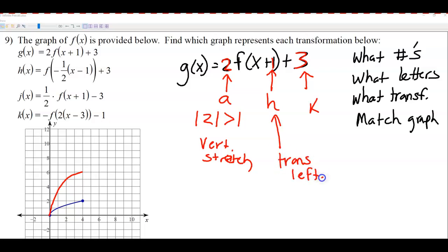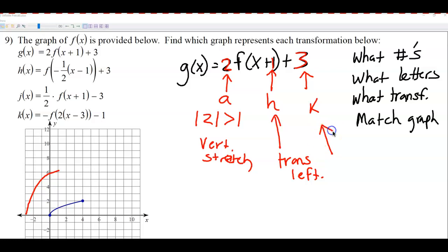I'm just going to put trans left there. And so if I take this graph here, I wonder if I can select it. It's going to get moved to the left if it'll let me. I might have to do it over here. But basically it's just going to move it over to the left. So now it's getting moved over to the left. All right?